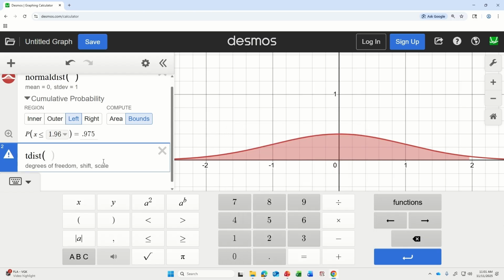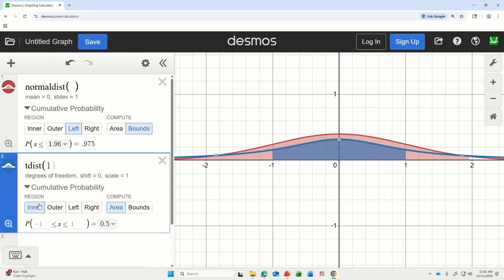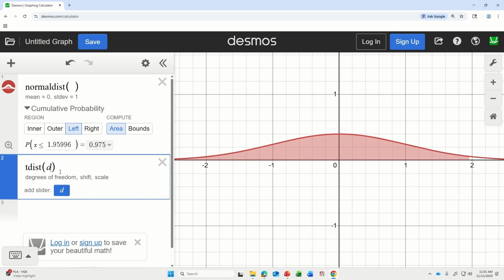You select the t-distribution, and then you have to type in your degrees of freedom, let's say 1 degree of freedom. The CDF is still left area, and the quantile function is still left bounds. So it works the same as the normal distribution. I thought there was just one t-distribution. The t-distribution is a little bit silly because it has different degrees of freedom.